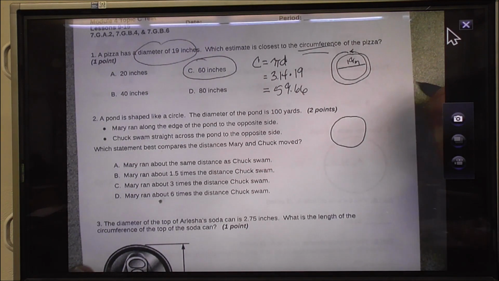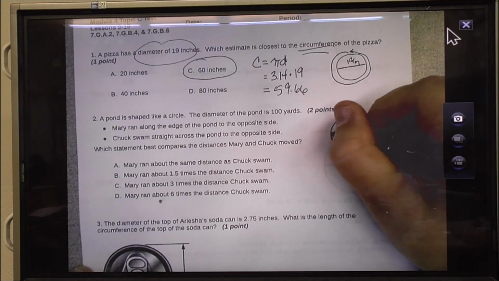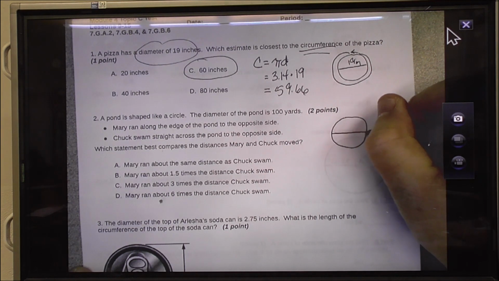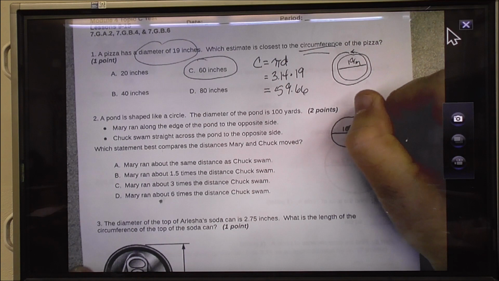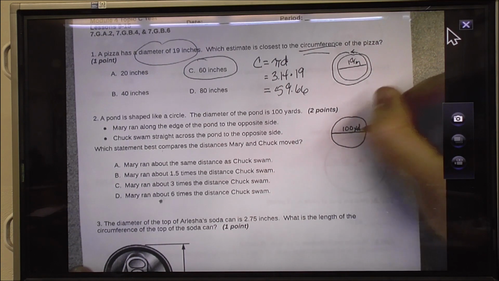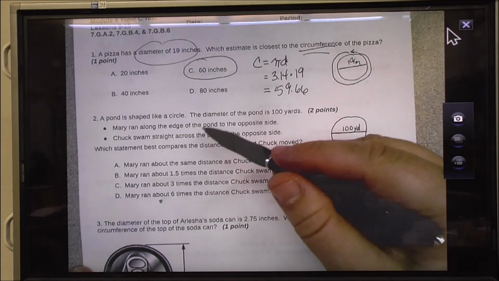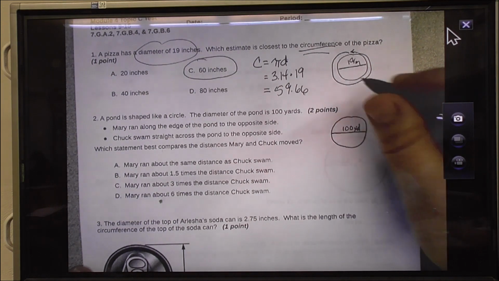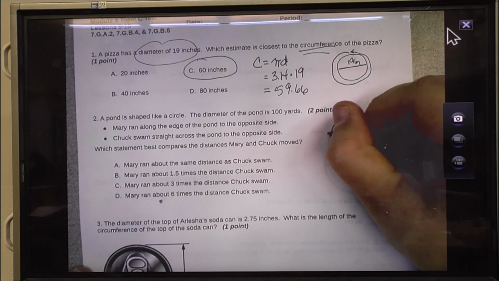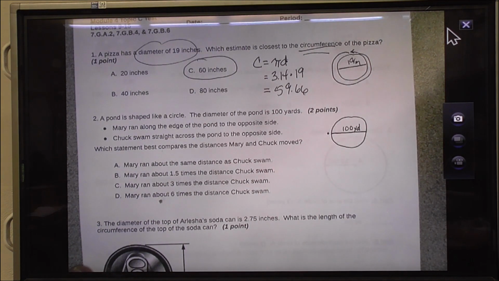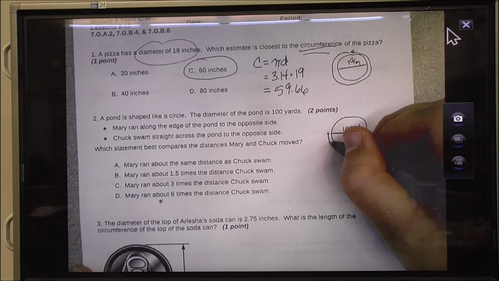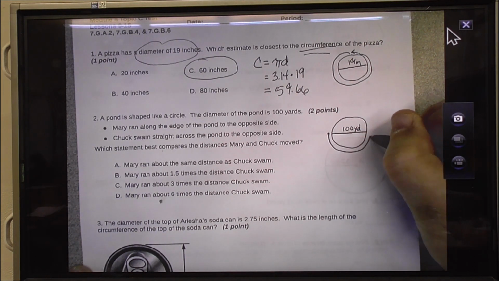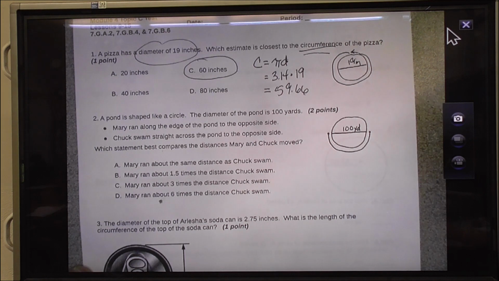The diameter of the pond is 100 yards. So going from one side of the pond through the water to the other side is 100 yards. It says Mary ran along the pond to the opposite side. So Mary's standing right here. This is Mary. And she ran around the pond until she got to the other side right here.